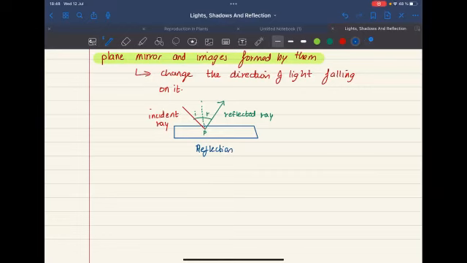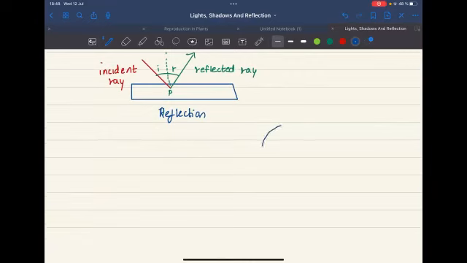Now for example, you're taking a comb and placing it in front of a mirror, over a dark colored paper. Now you're letting a beam of light pass through the comb.